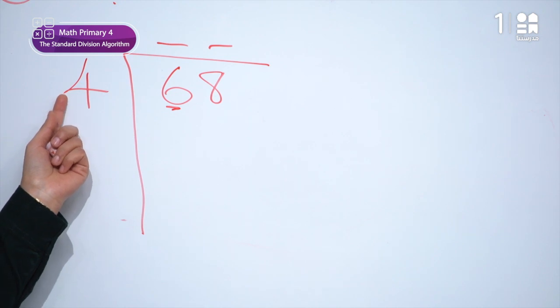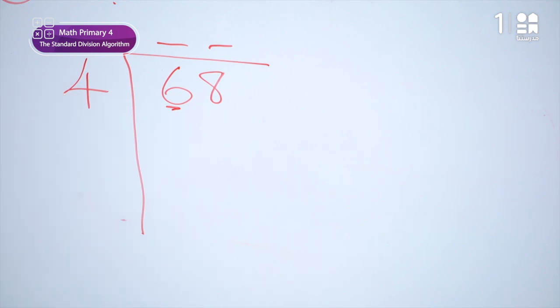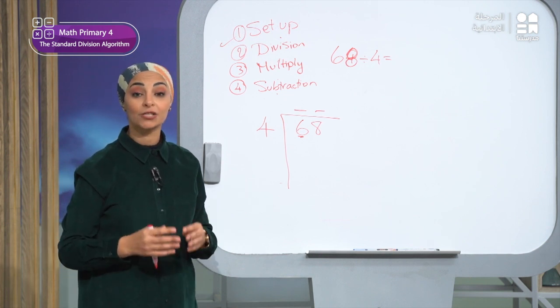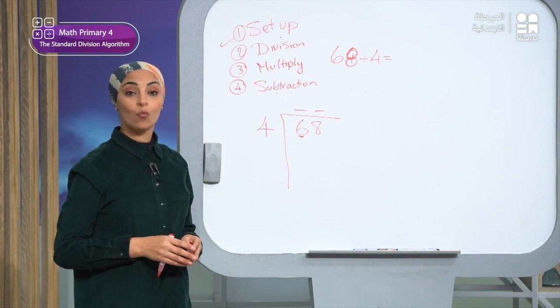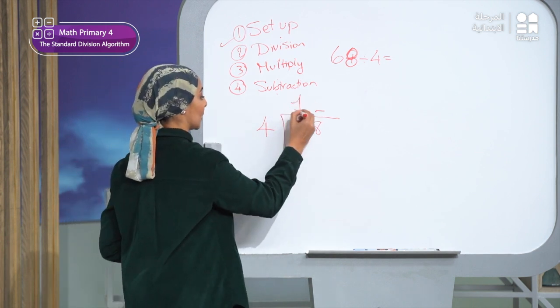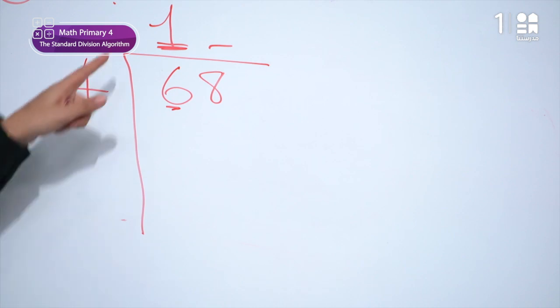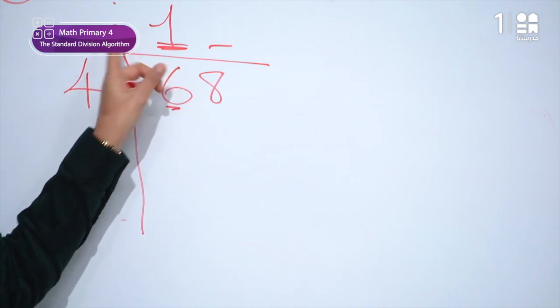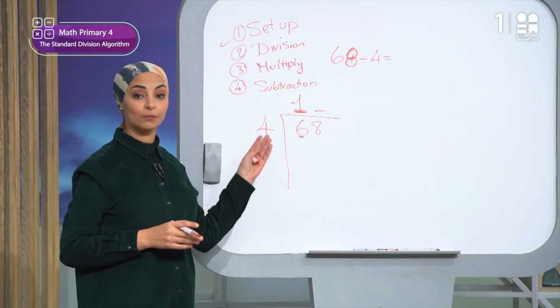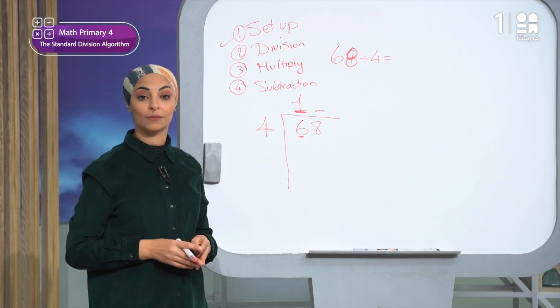Yes, all of us know that 6 has only one 4, right? And I have remainder 2. So the answer is 1. We will write it at the top of the line, as we agreed, where my answer goes. So the quotient now is 1. Okay, then the remainder is not recorded at this time. I will not write the remainder now at all.